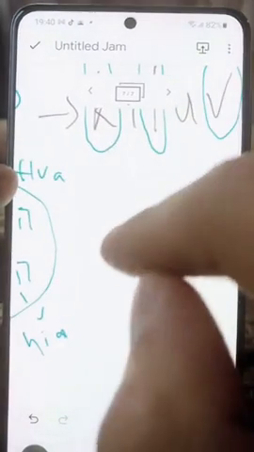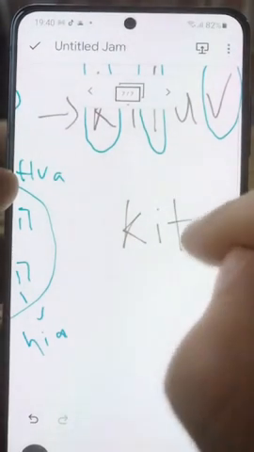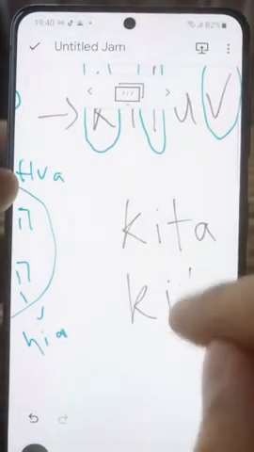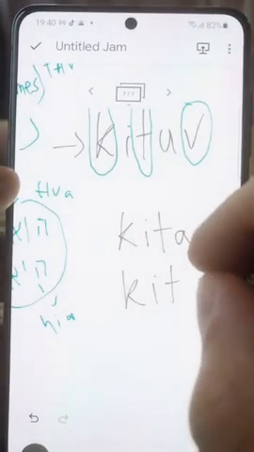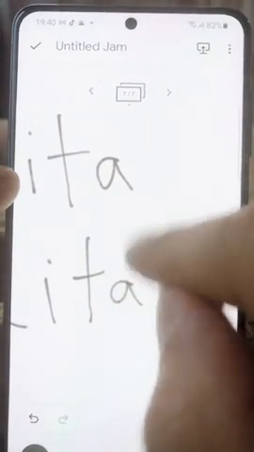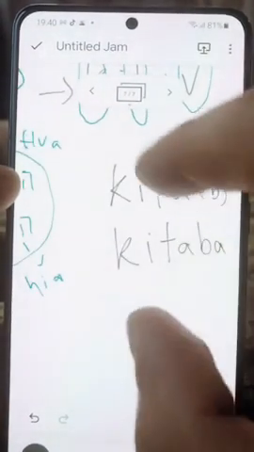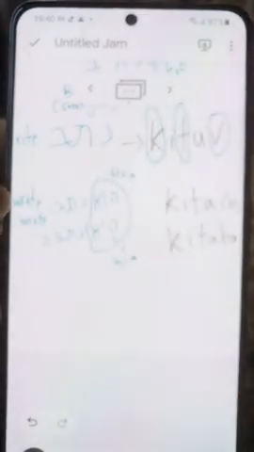And now book. So book in Arabic, it's kitab. Sefer. Book is sefer. It's not from the same root.